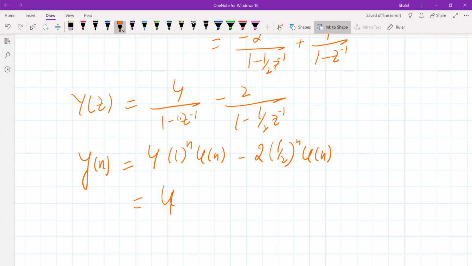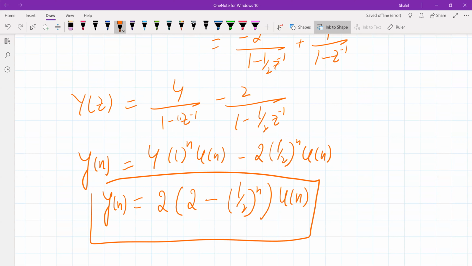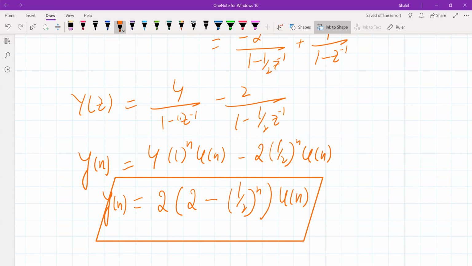Taking u of n common, this will be 4 minus 2 into (1/2) to the n, u of n. So this is the inverse Z transform, or in short, the step response of the system, which is described by this difference equation.